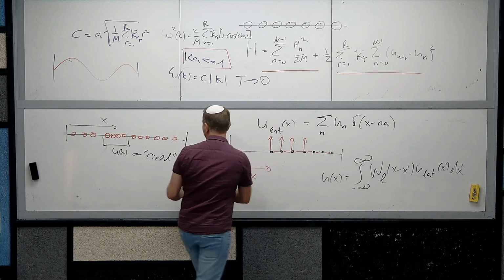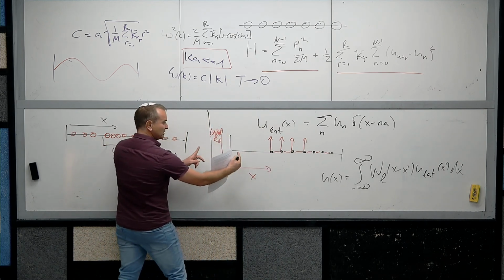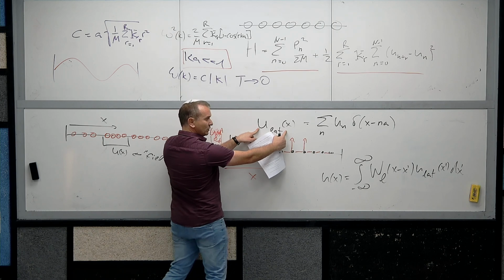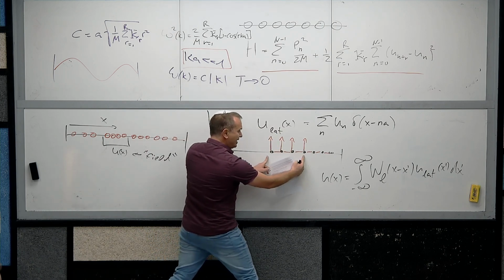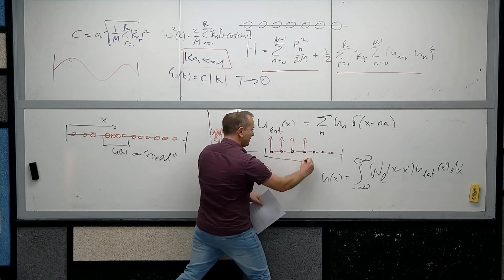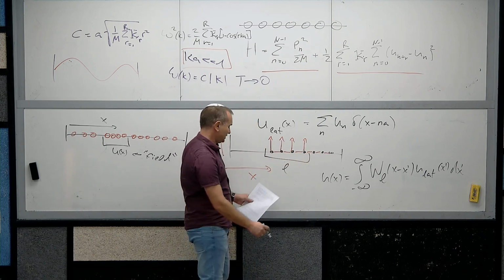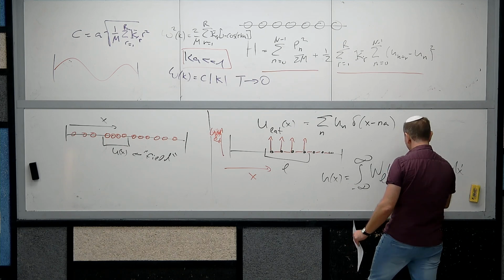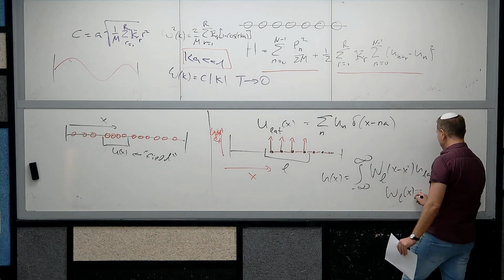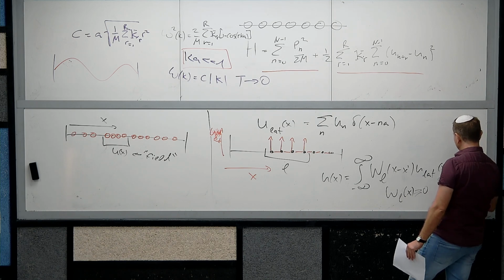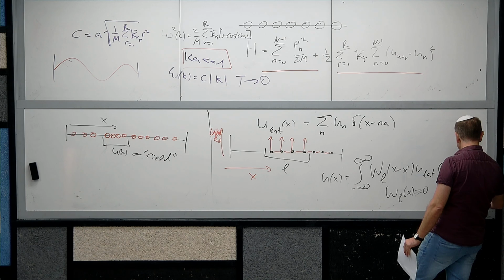So I go over all the different positions of my particles described by U lattice of x, and I integrate in a specific window of size L. This W_L of x has to be greater than 0, and the integral from minus infinity to infinity of W_L of x dx equals 1.